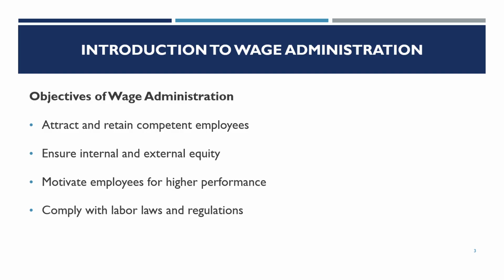It ensures compliance with labor laws, minimum wage, overtime, and other statutory requirements. So, in the aspect of wage administration, can you think of a time when unfair wages demotivated a worker or created conflict in an organization?